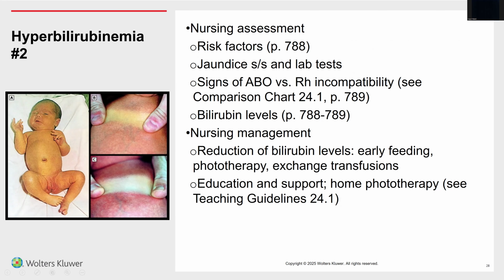Lab tests that we may get. So when a baby's born, especially if the baby's mother is Rh negative, we're going to get a direct Coombs test, and that direct Coombs or DAT test detects maternal IgG antibodies in the baby's blood to help identify hemolytic disease of the newborn, which occurs with Rh isoimmunization in utero.